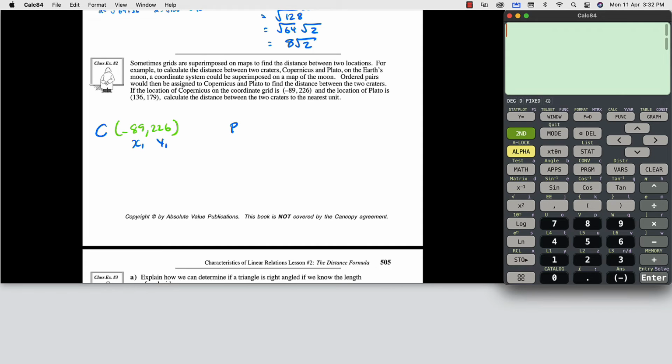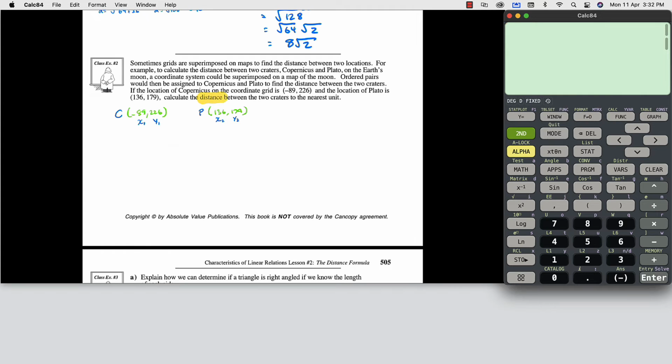And what about this Plato right here? It is at 136 and 179. And again, this would be my x2 and y2. So out of all that written information there, this is all that is really important. But it's nice to look at the end and say, well, what are they actually wanting us to calculate?